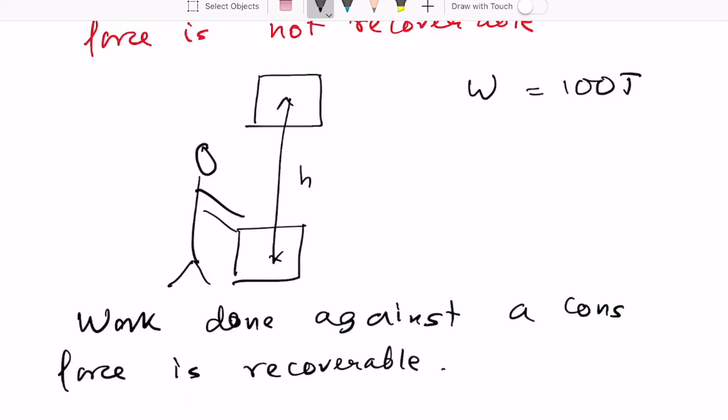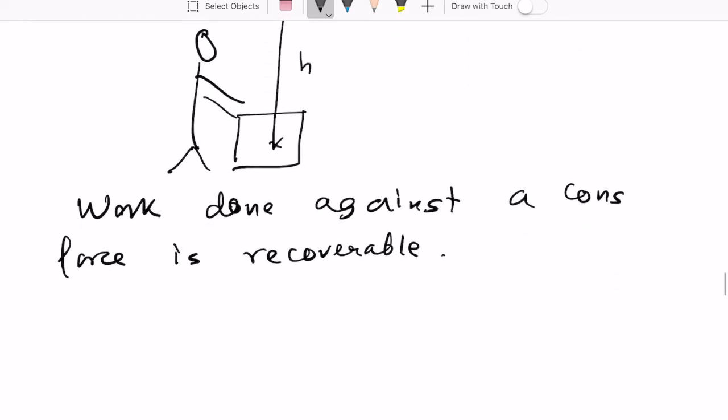It's like the energy that you're spending is stored. So this stored energy can be used later on and converted into other forms of energy. This stored energy is called potential energy. So potential energy can be thought of as work that's stored and can be converted into other forms of energy.